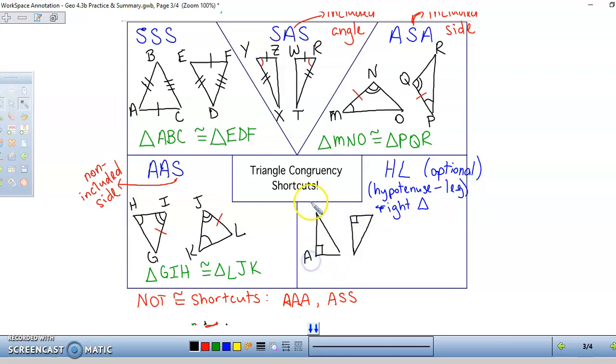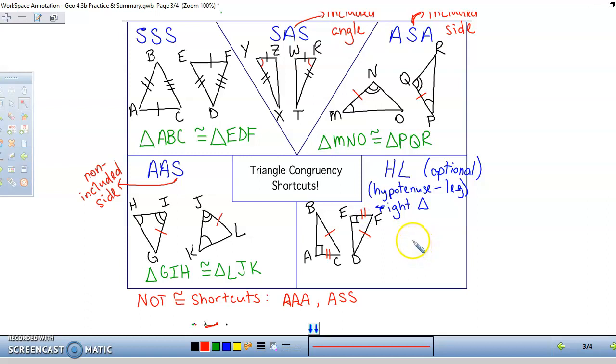So let's say this is A, B, C, and this is D, E, F. Okay, so I have the right triangle piece, and then what I need to mark in the picture is a hypotenuse congruent. Hypotenuse is always across from the right angle, and then one leg. It doesn't matter which leg, you just have to have corresponding legs. So I'm going to pick the shorter one just for the heck of it.